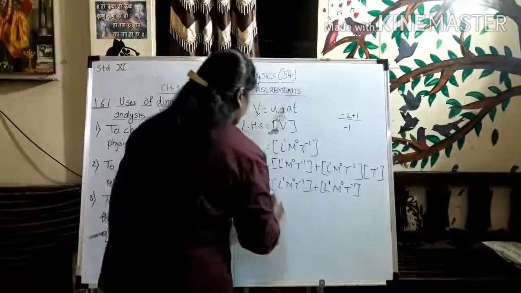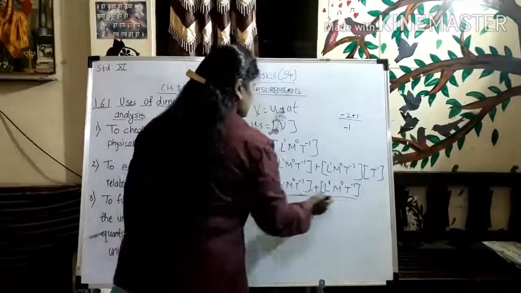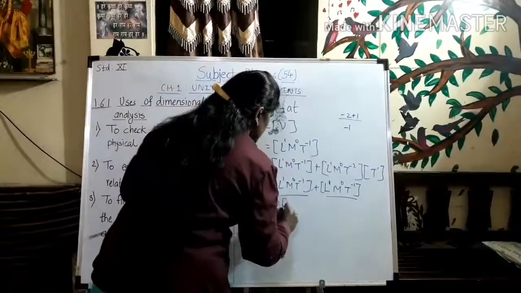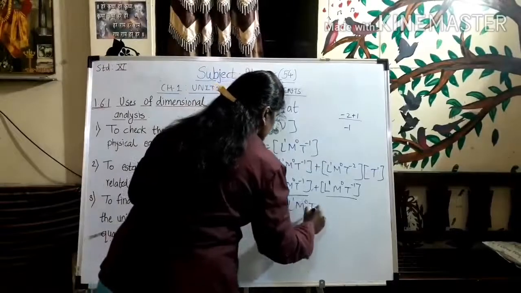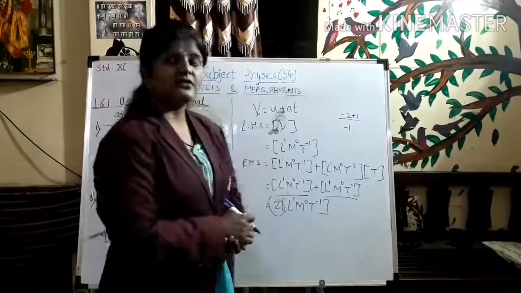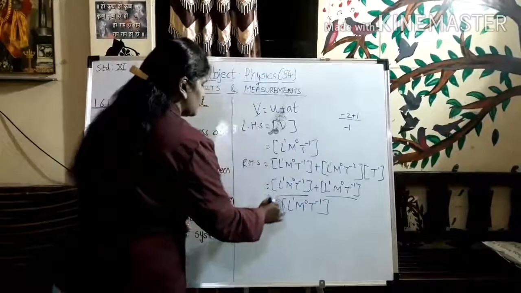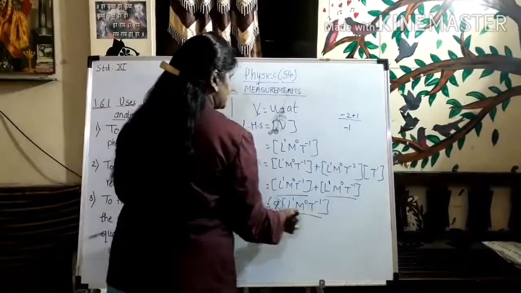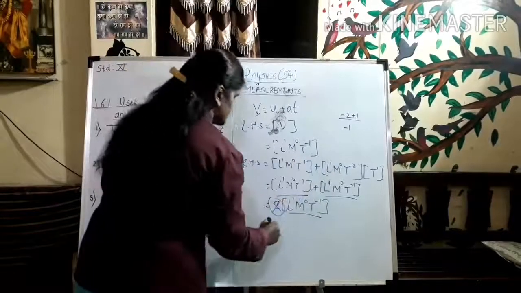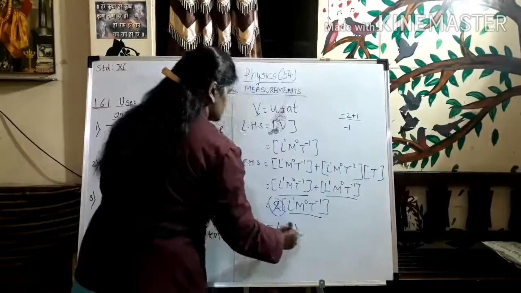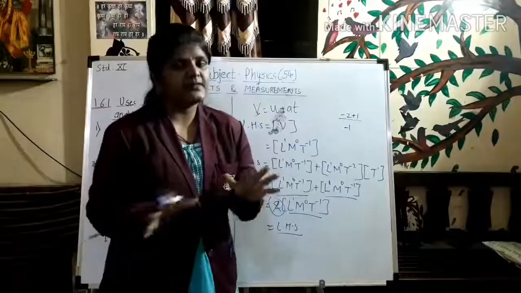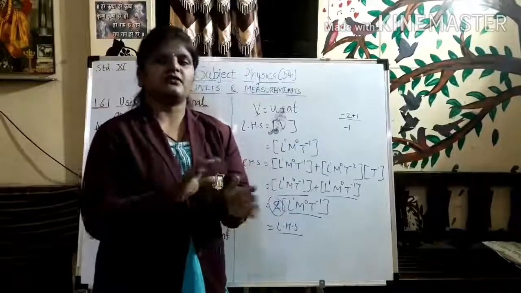As you can see over here, both the brackets are same. So I can just say this is twice L1 M0 T raised to minus 1. As 2 is a number, it will not have a dimension, so I can ignore this. As dimension of RHS is same as dimension of LHS, I can say that this equation, which is V is equal to U plus AT, is dimensionally correct.